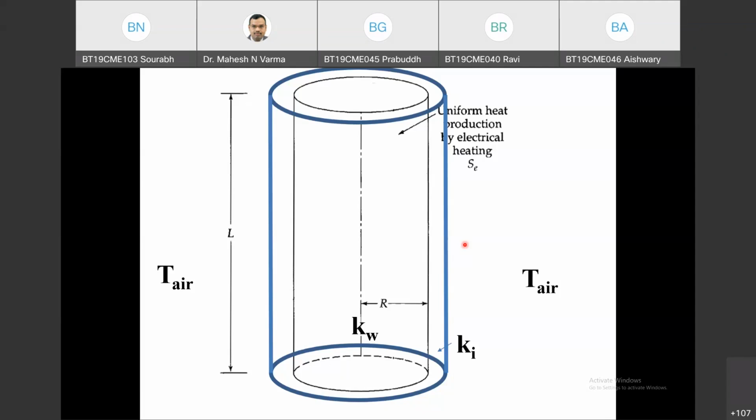We can relate them. How are Ti and TW related? It is related by Fourier law of heat conduction, where this Ki will come.